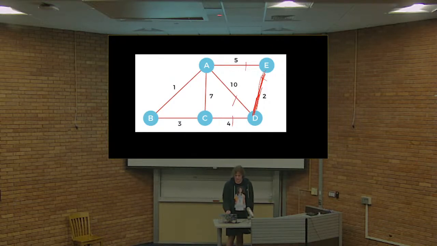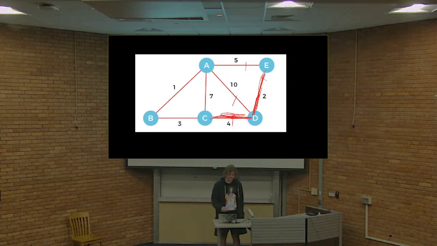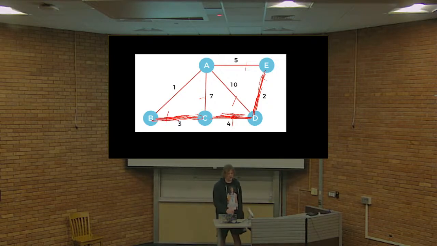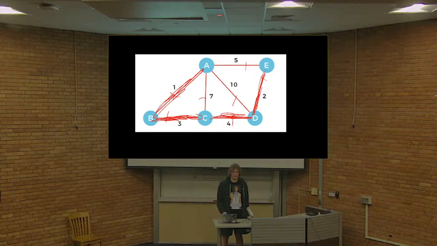The 4 happens to be the lowest, so I add that to my graph. Then I have E, D, and C in my graph. I'm checking the 5, the 10, the 7, and the 3, and the 3 is the lowest, so I add that to my graph. And then finally, checking all those edges again, the 1 is the lowest, so I'm going to take that 1. And we end up with the exact same tree as Kruskal's, just with less effort, in my opinion.